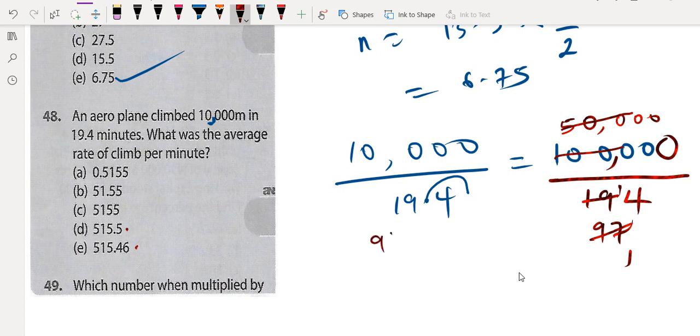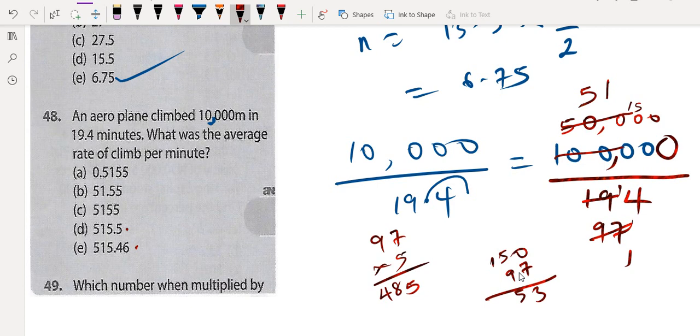5. So let's see 97 times 5 to know how many. 485. So we have 5, remaining 15. Put it here, 150. 97 into 150. Let's look for the remainder. That's 53.